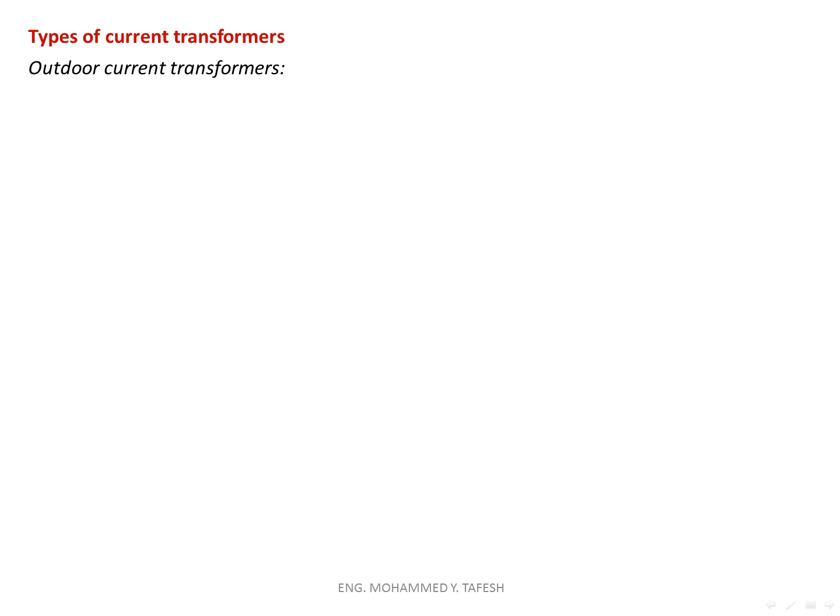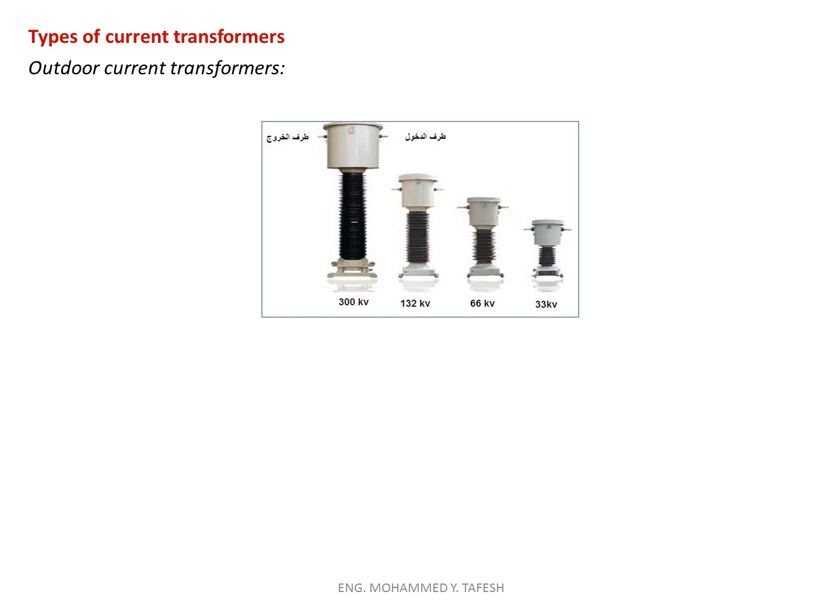Types of current transformers. There are two types of current transformers: outdoor current transformers and indoor current transformers. When you look at this picture, you will see outdoor current transformers with variable kilovoltages, from high voltages to medium voltages.